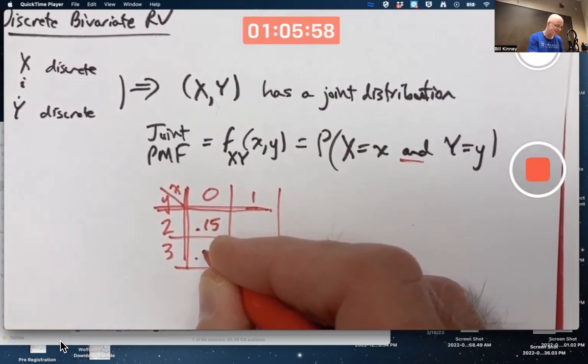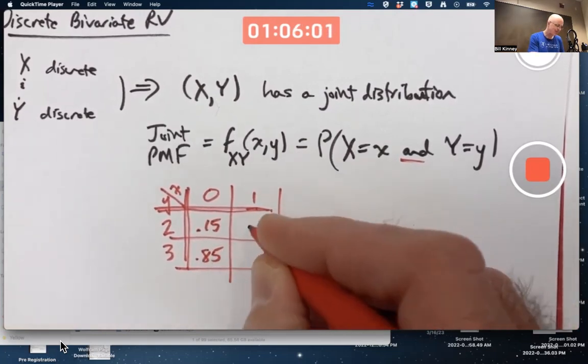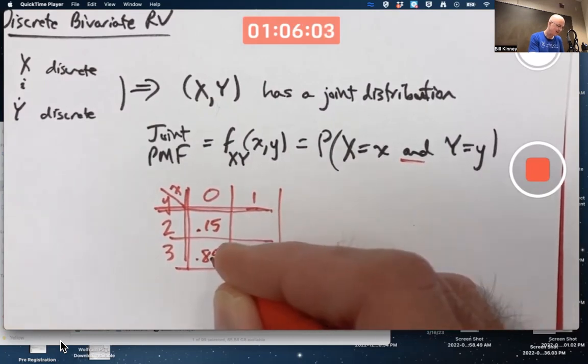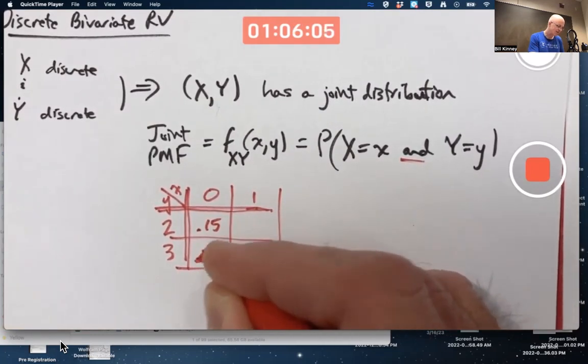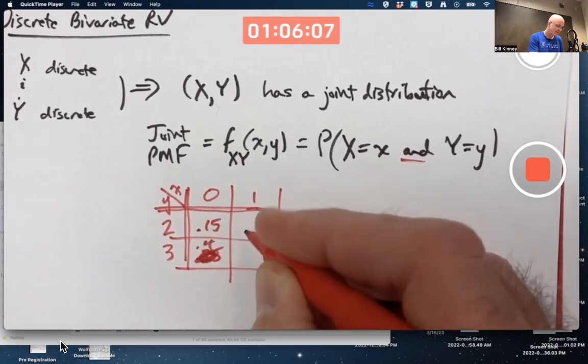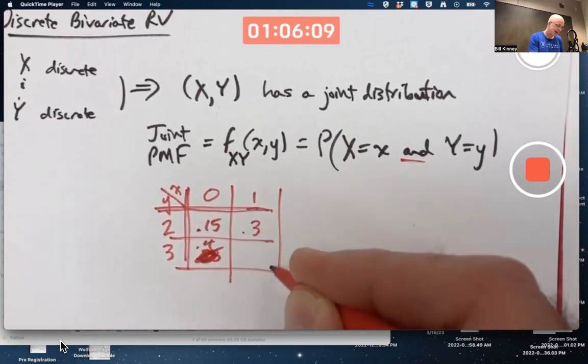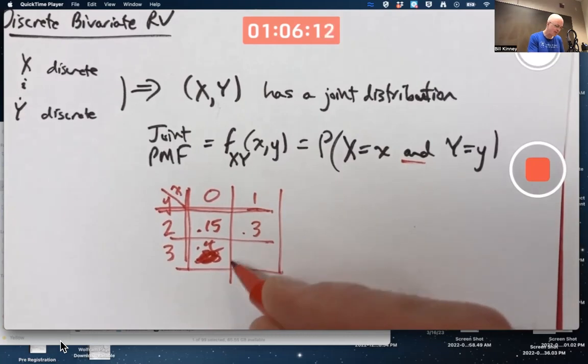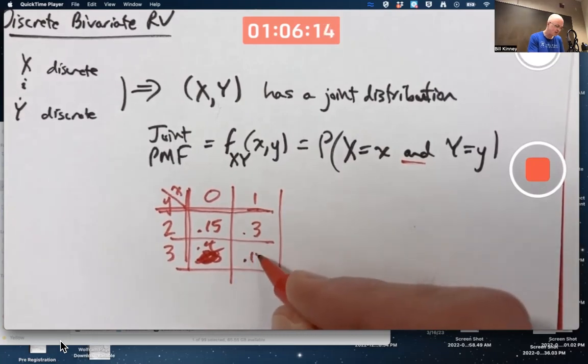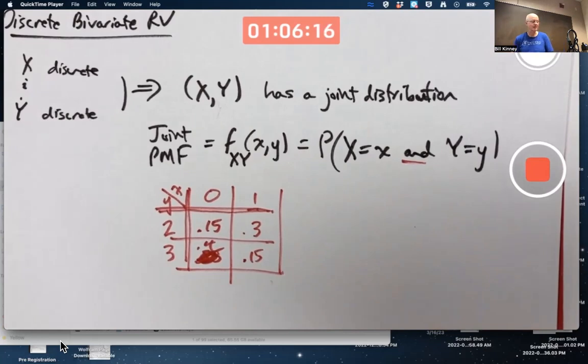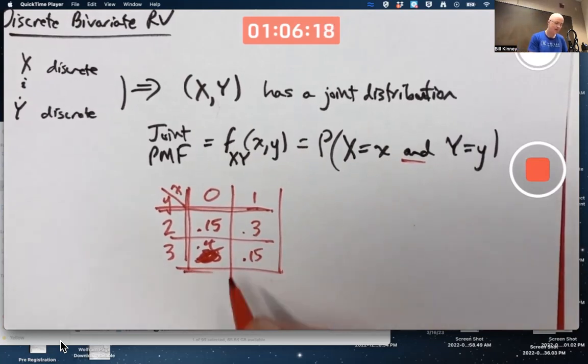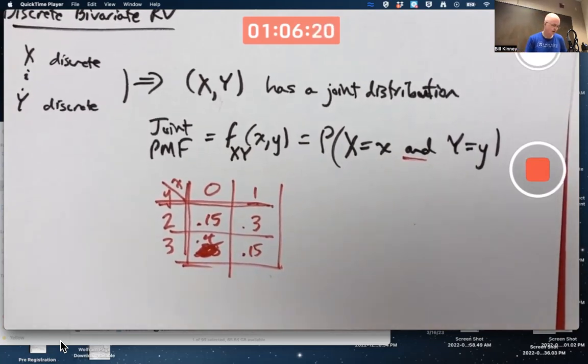Not any. 0.4, 0.3 say, and what am I up to? I'm up to 0.85 now. I guess this needs to be a 0.15 as well. I got confused then. Right, those 4 numbers, if I've calculated in my head correctly, do add up to 1. This would be a valid joint PMF.